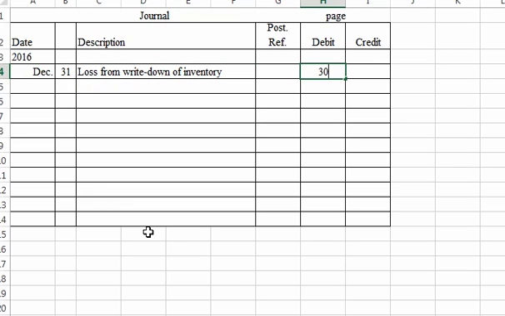Remember, losses increase on the debit side, just like expenses would. And then you probably guessed it already. The account to credit, or the account to decrease in this case on the credit side, is our asset account inventory. Its value decreased by $30,000.